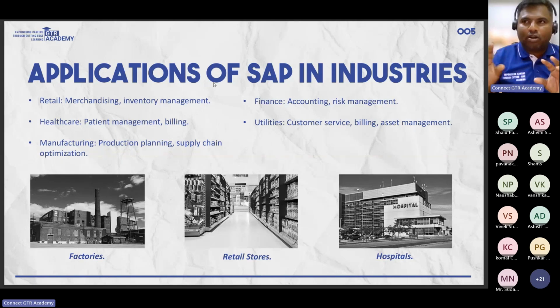So SAP is not just a product of IT service based companies. It's an application used in different companies. Which companies? Retail companies, healthcare companies. What is healthcare? Hospital needs, for example aprons, doctors' aprons, cesarean related things, and the medicines, pharma, tablets. For COVID-19 we have taken the vaccine.